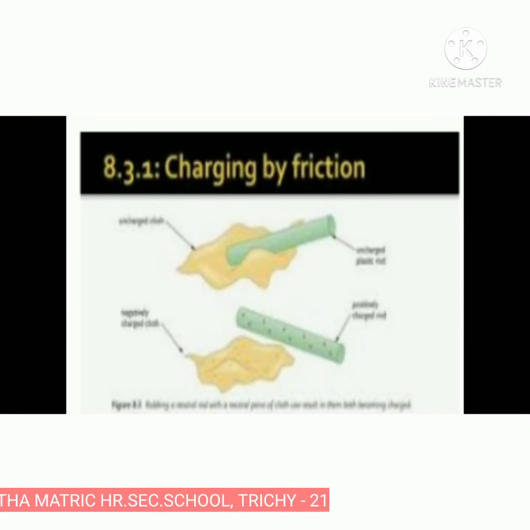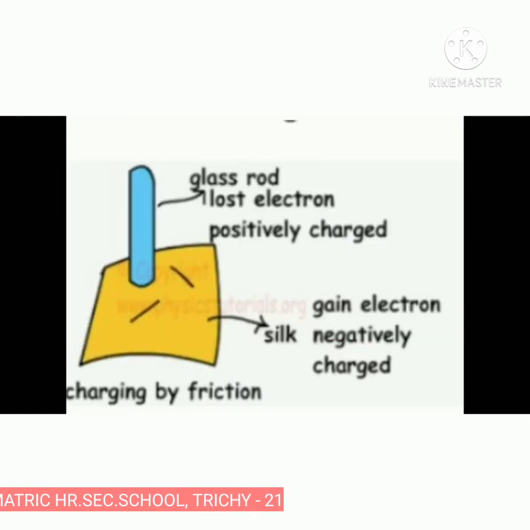A similar effect can be seen when we rub a few materials with one another. When a glass rod is rubbed with a silk cloth, the free electrons in the glass rod are transferred to the silk cloth. It is because the free electrons in the glass rod are less tightly bound as compared to those in the silk cloth.